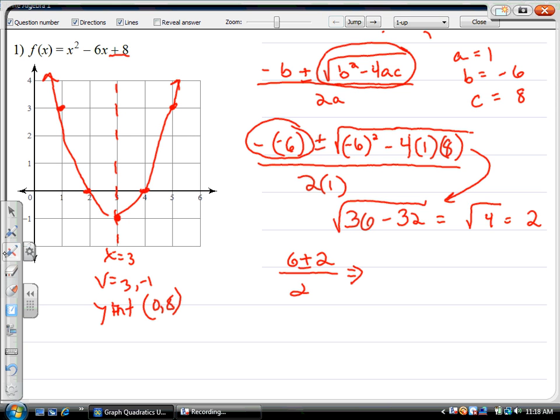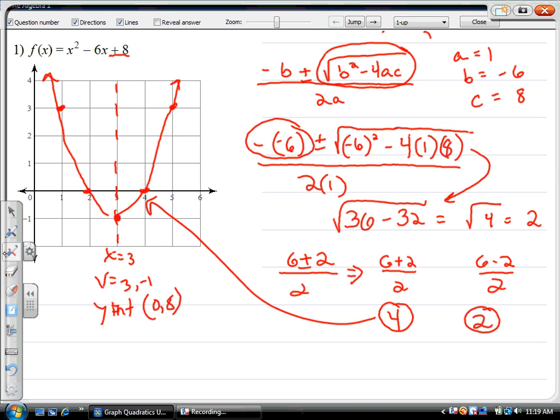They will be 6 plus 2 over 2 and 6 minus 2 over 2. 6 plus 2 is 8, and 8 divided by 2 is 4. 6 minus 2 is 4, over 2 is 2, which are our zeros. Okay, right there.